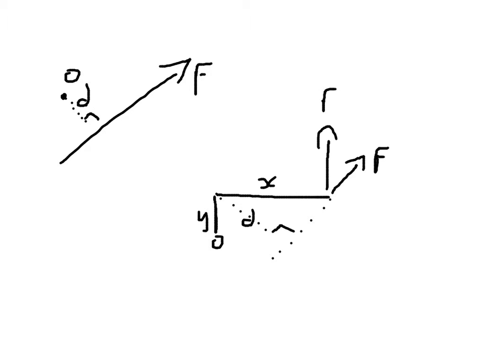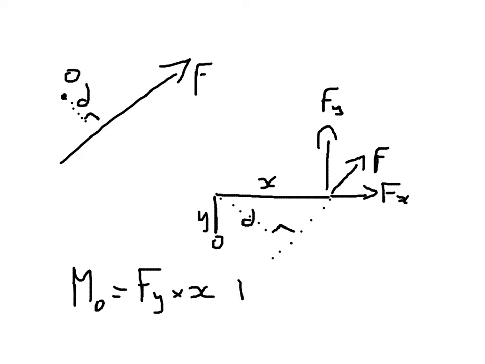So we can resolve into Fy and Fx, and then our moment about point O becomes our force Fy times our distance X, plus our force Fx times our distance Y, because they come in pairs. Fy and X are perpendicular, and Fx and Y, if you imagine your Y down there, would be perpendicular.